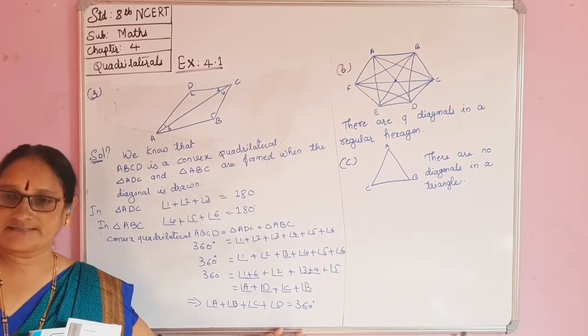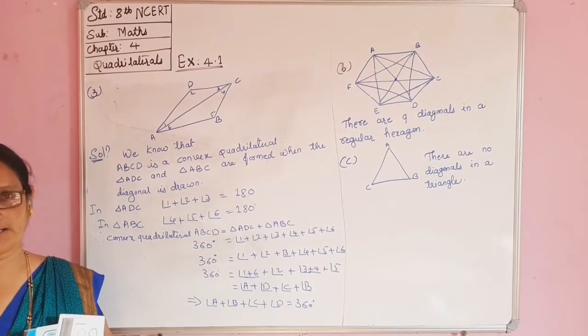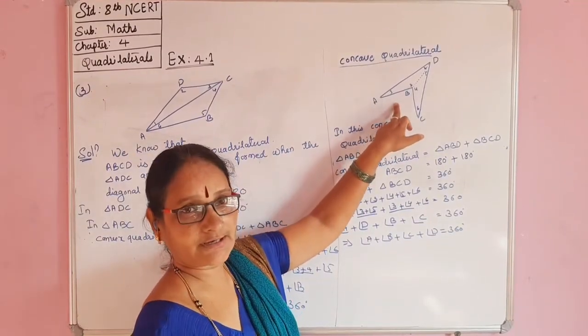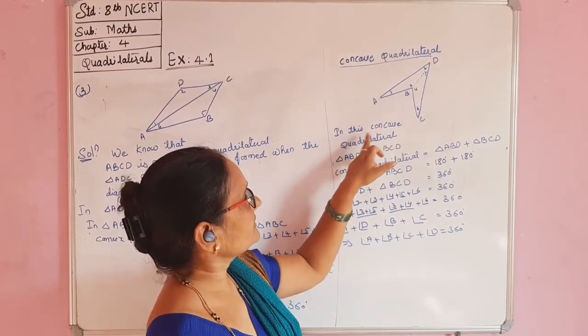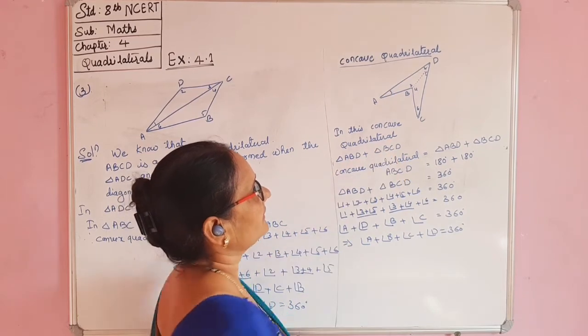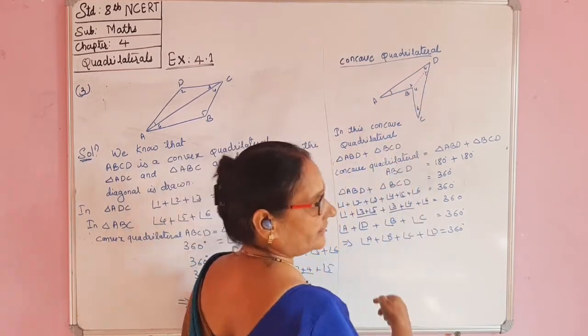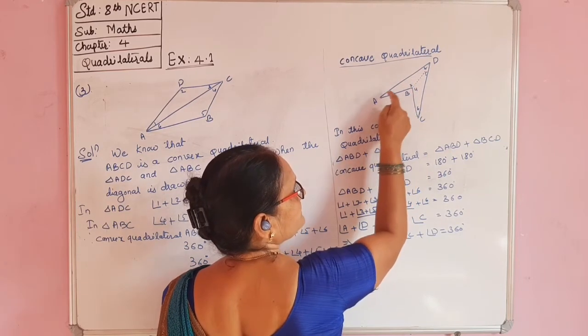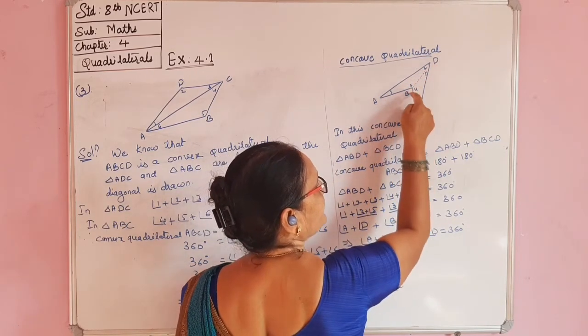The same we can see for the concave quadrilateral also. See, this is a concave quadrilateral. Now in this concave quadrilateral, say BD is the diagonal. When I draw the diagonal BD, there is formation of two triangles ABD and BCD.